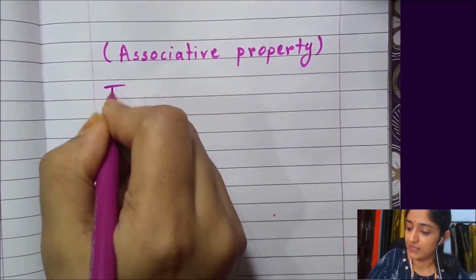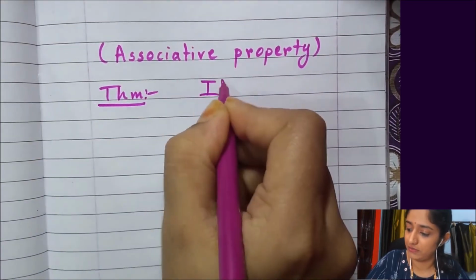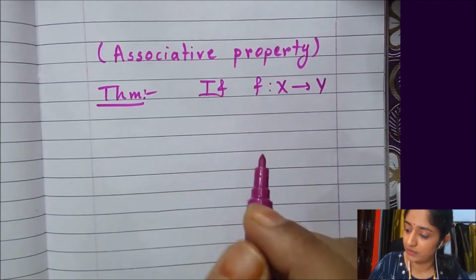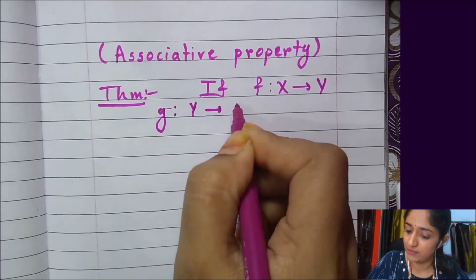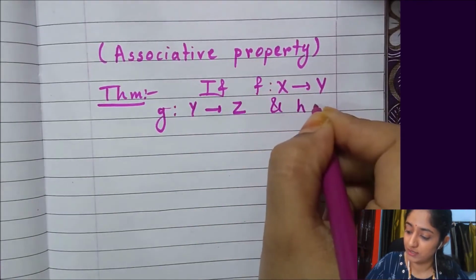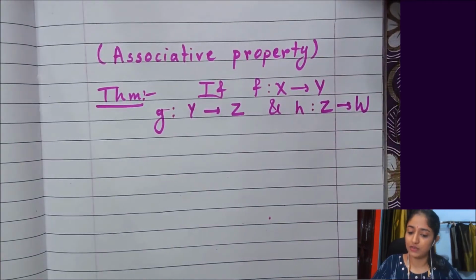The theorem says, if f is a function from X to Y, g is a function from Y to Z, and h is another function from Z to W. These are three different functions.